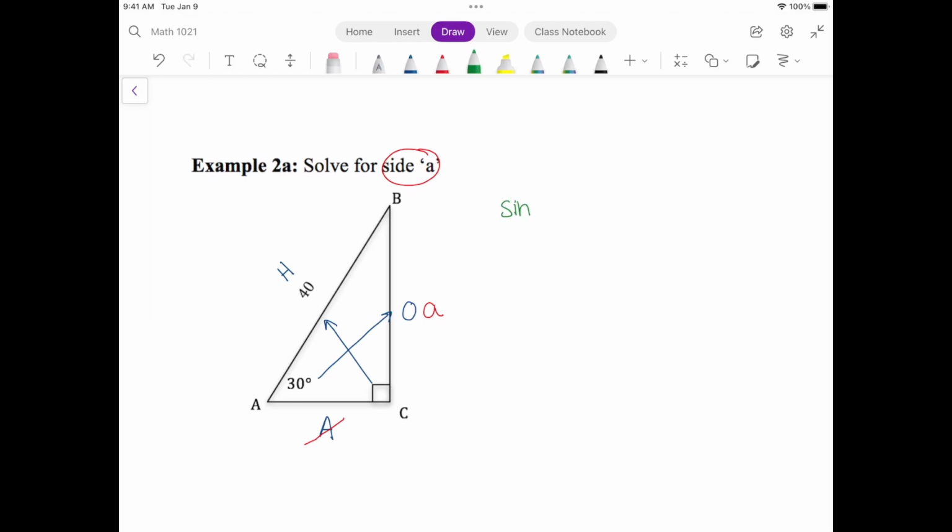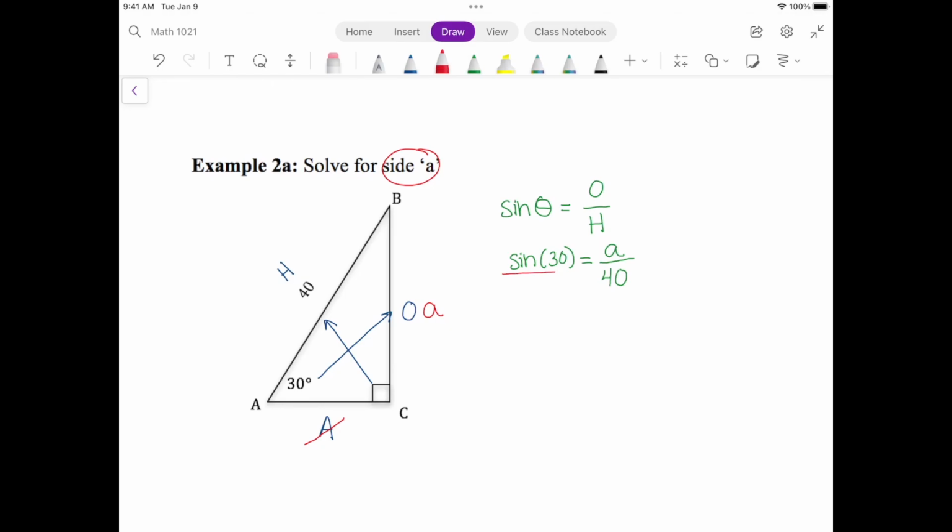So sine of my angle is equal to opposite over hypotenuse. So that means sine of 30 is equal to A, that's the side we're looking for, over 40. And now that I have my formula set up, I can cross multiply.